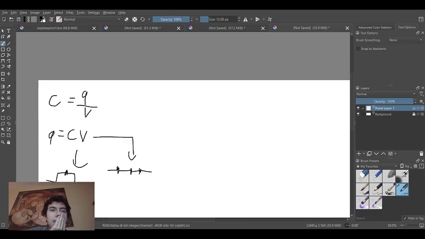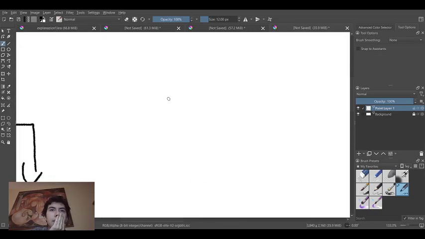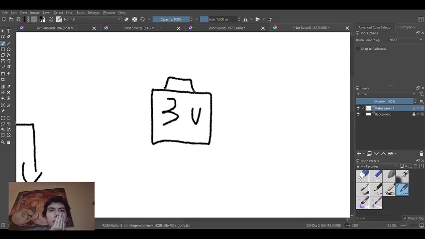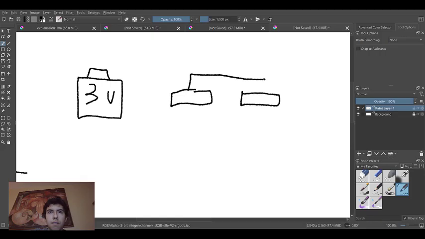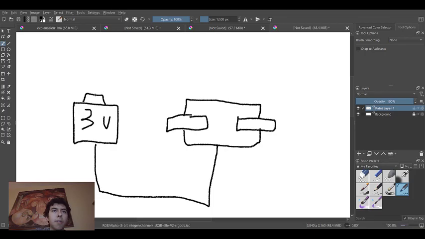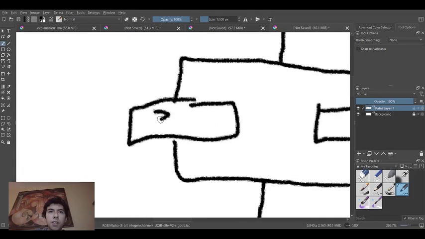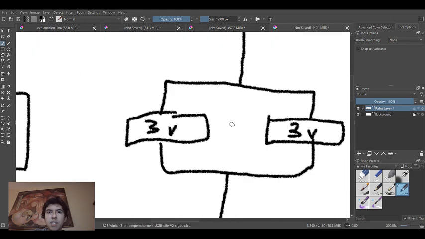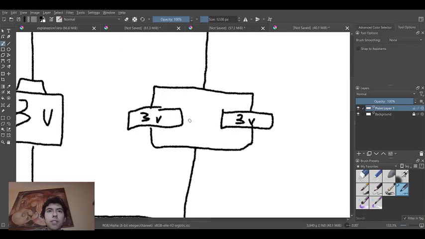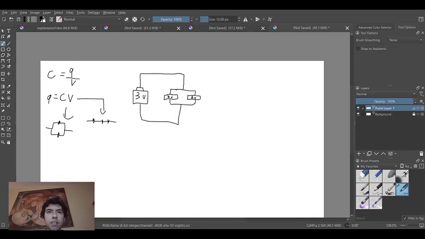So if you have, for example, a 3-volt battery connected to two capacitors like this, two capacitors in parallel, the voltage drop is going to be 3 volts in both of them. It's going to be the same. What is going to be divided is the current.